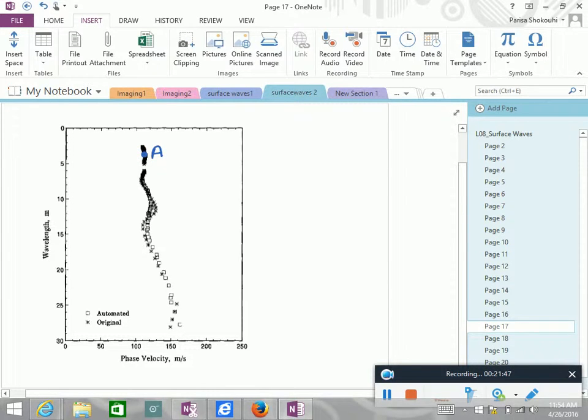Point B, 20, is, let's say, somewhere here. And point C is also very close to point A. So this is what this whole thing means.